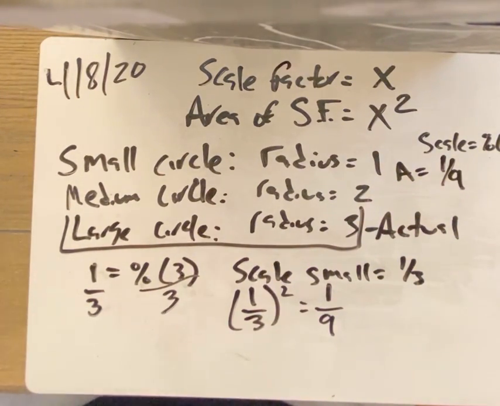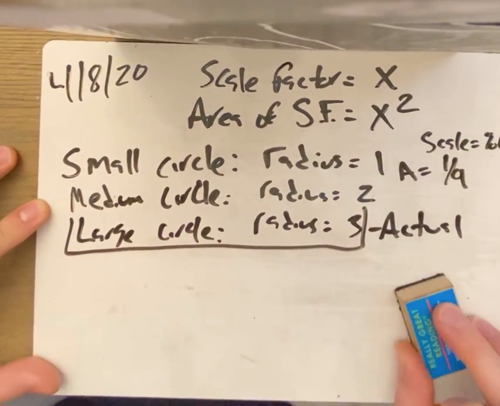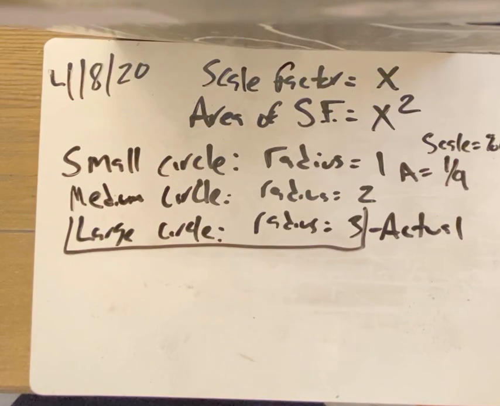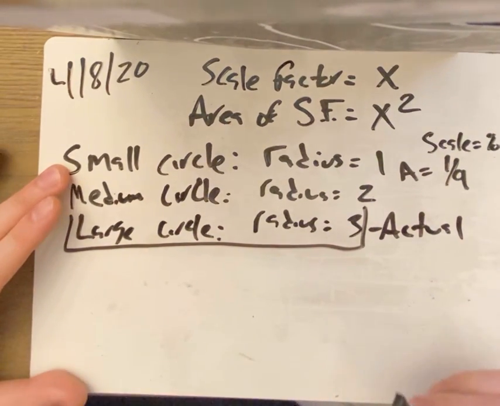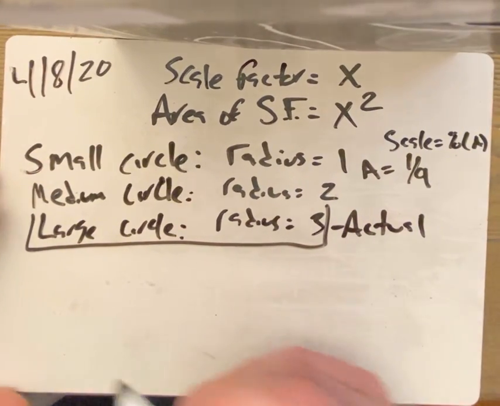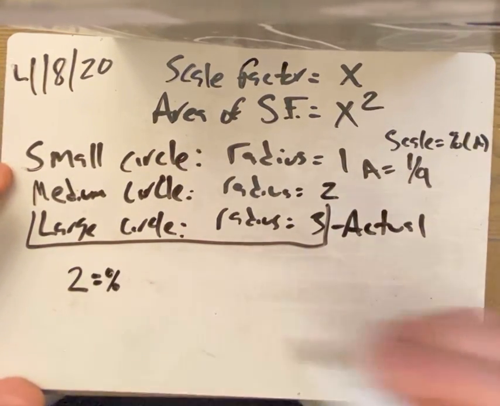Now we're going to get the medium. Same thing: scale equals percent times actual. What's the radius of the medium? It's 2. What does the radius stand for? The scale. So 2 is the scale, and we're looking for the percent.